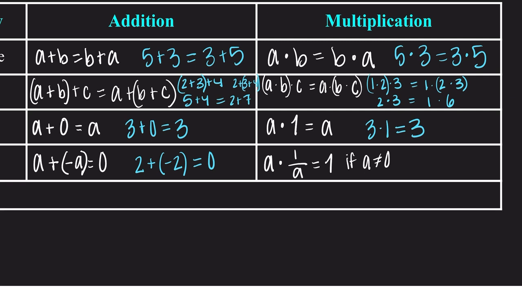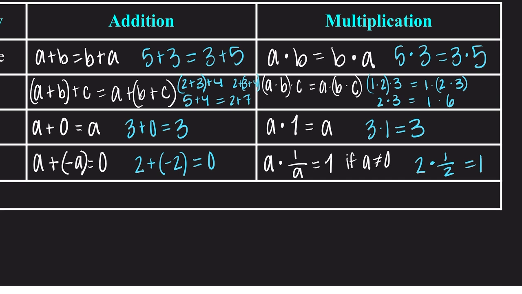Actually, if A equals 0, we can't multiply 0 by anything to get 1, because anything times 0 is going to be 0. Little side note there. So, an example: if we have 2, we do 2 times 1/2, that's going to get us 1.